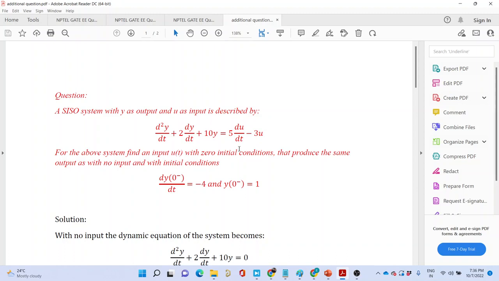S by 3 upon 5 S minus 3. So what is the input given in the time domain?